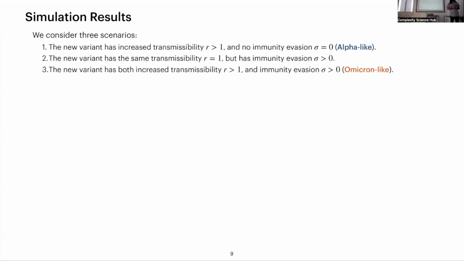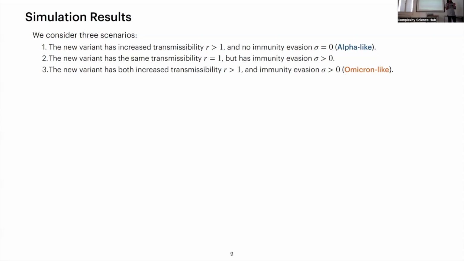Your immunity evasion is not directional, it's symmetric? It's symmetric, yes. I should mention one little thing that I haven't shown here. Even if we have full immunity, and even if we don't have any immunity evasion, like in the alpha-like scenario, this means that one can be infected by both variants.